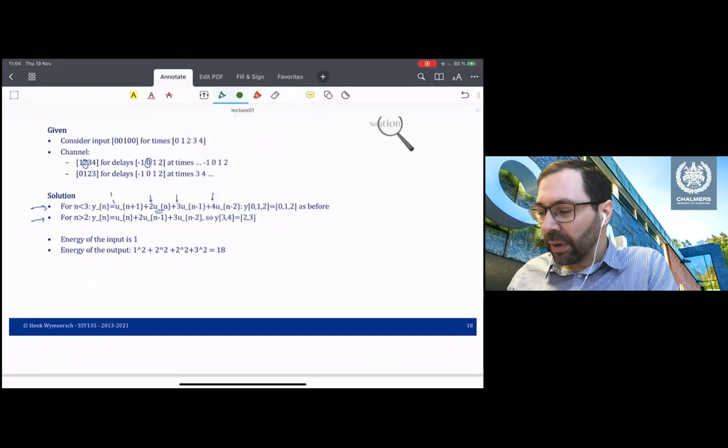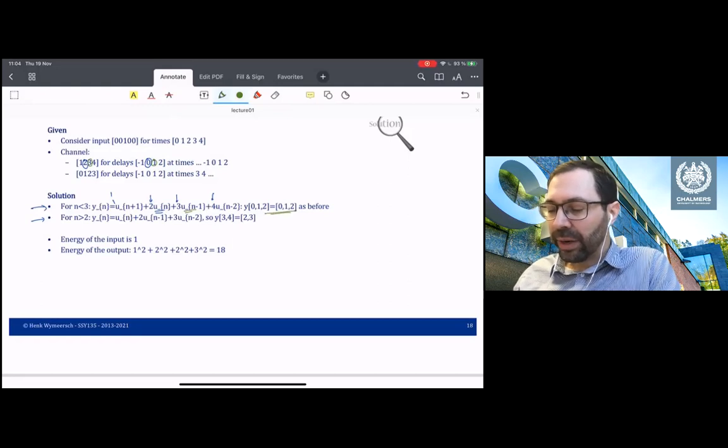The channel tap at time 1, which is 3, is multiplied by the incoming signal at time minus 1, and so forth. If you compute this for n less than 3, you find these outputs, 0, 1, 2.